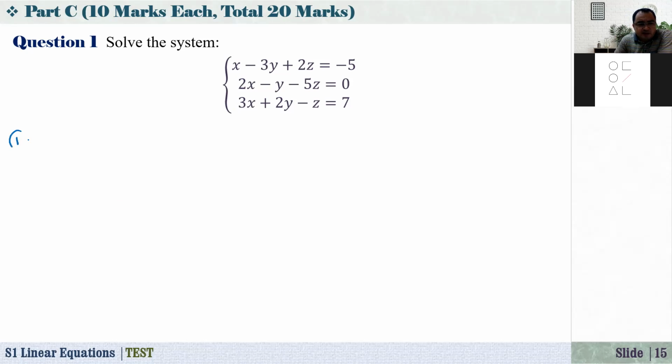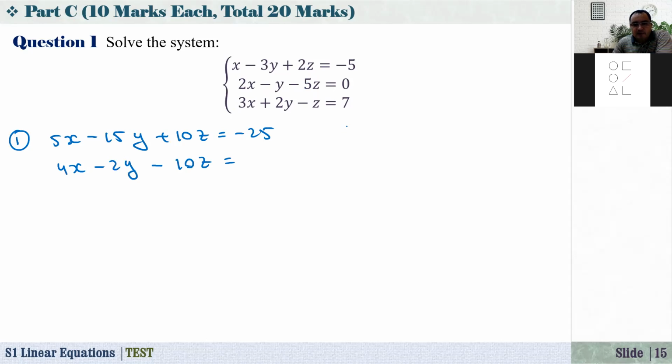So if I just write the first equation, the first step: how can I eliminate z? I need to multiply the first equation by 5. So here we have 5x minus 15y plus 10z is equal to minus 25. The second equation multiplied by 2: 4x minus 2y minus 10z, and on the right-hand side, it is 0.